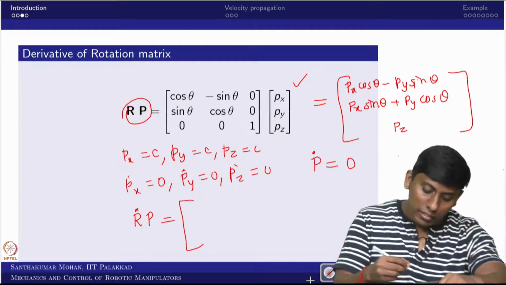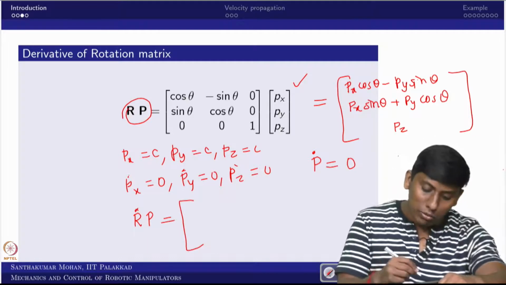So now if I differentiate this, R dot P, what will come? So I can rewrite this. Px dot would be 0, so I am not bothering.